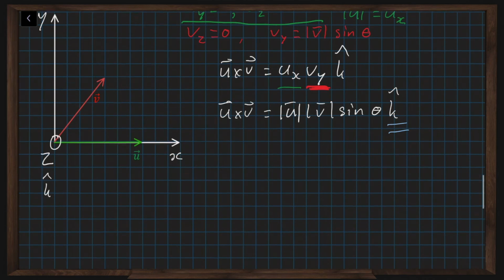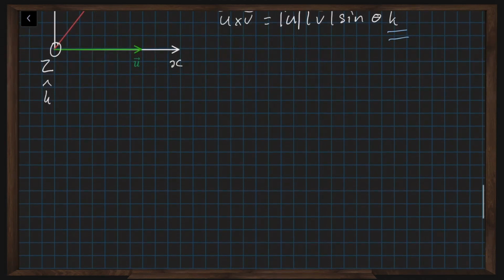Well, this is the right-hand rule, and this is a fun little exercise. I'm going to draw some arbitrary vector u and some vector v. So there we go, and that's u. Now take your right hand and extend your index finger to lie along u, and your middle finger to lie along v.